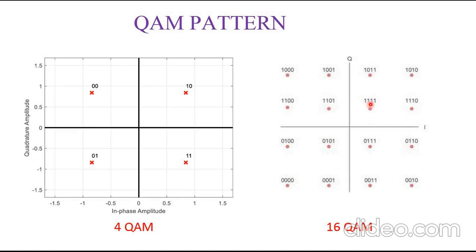You can see there are 3 different levels. This distance gives the idea of one amplitude level, this distance gives you the idea of another amplitude level, and the third amplitude level is this distance. So that is how the amplitude is different, and the phase is different for all.